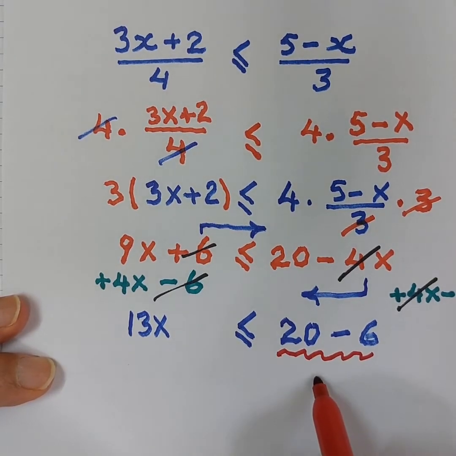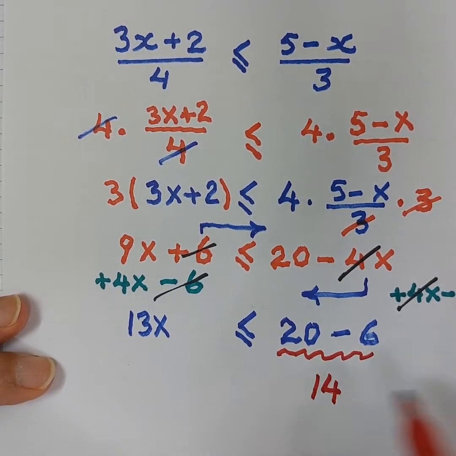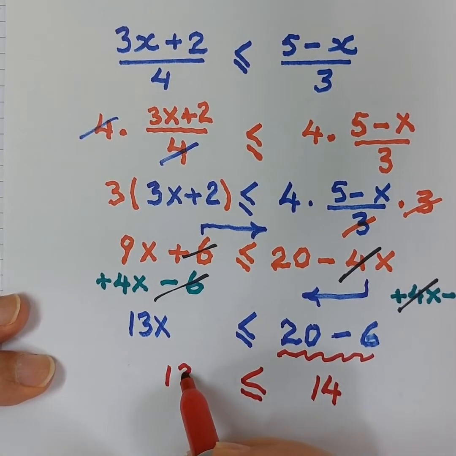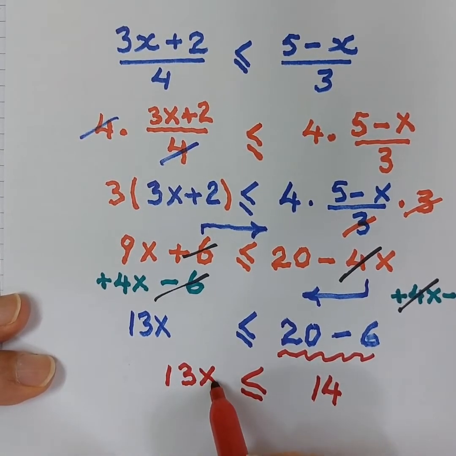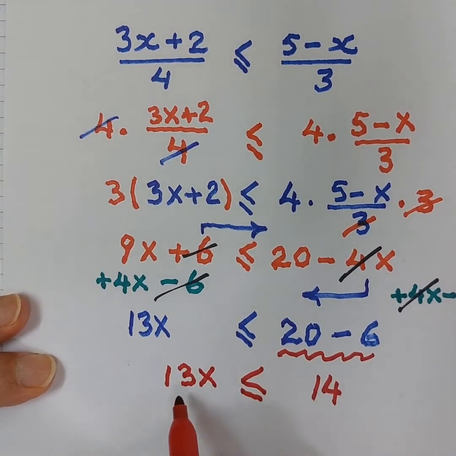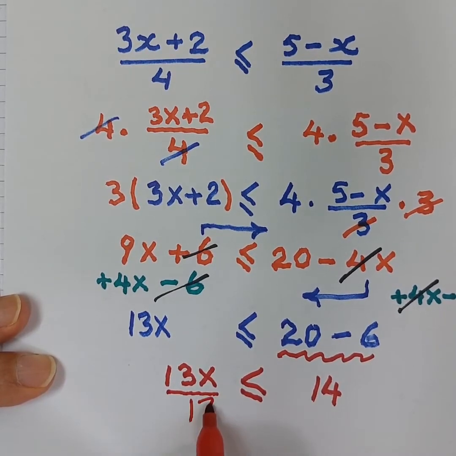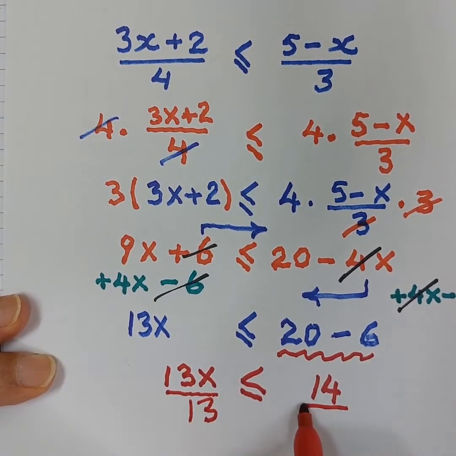After that, the result will be 14, and the same sign, and 13x. Now we divide over the number in front of x, which is the coefficient of x. This number, we divide by 13 and divide by 13.